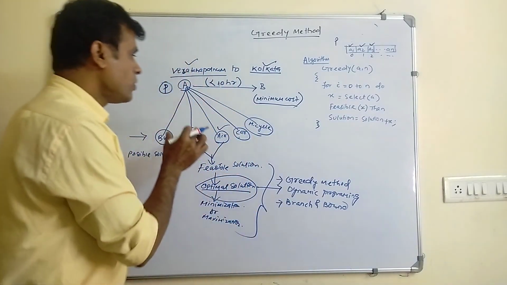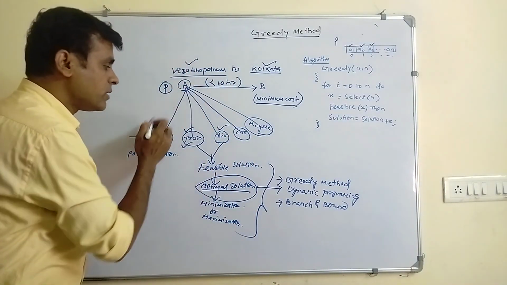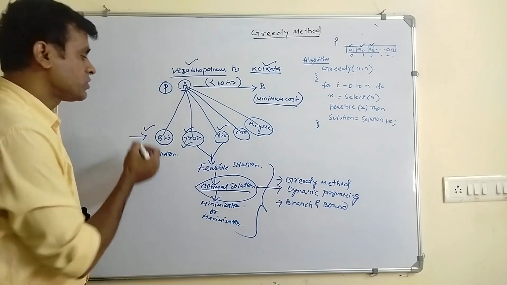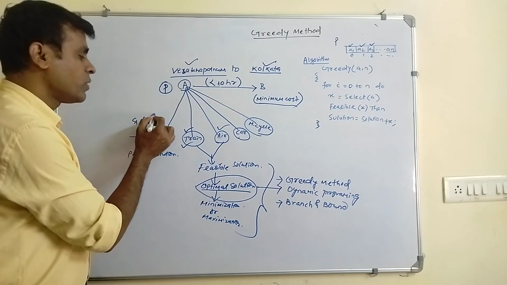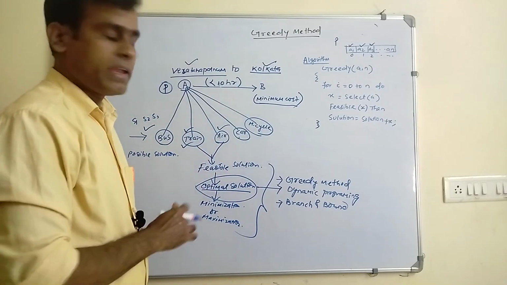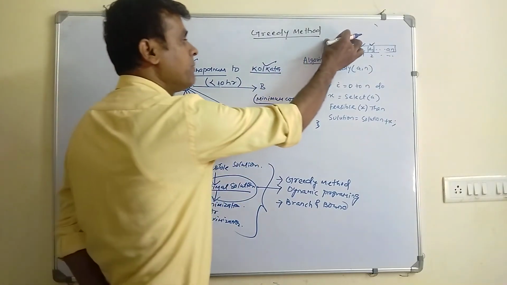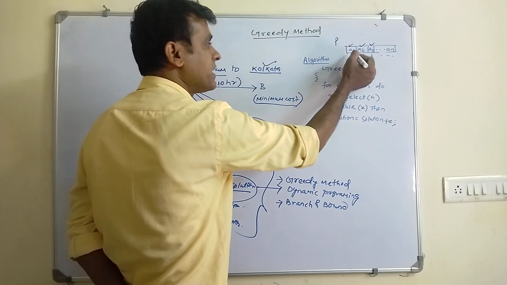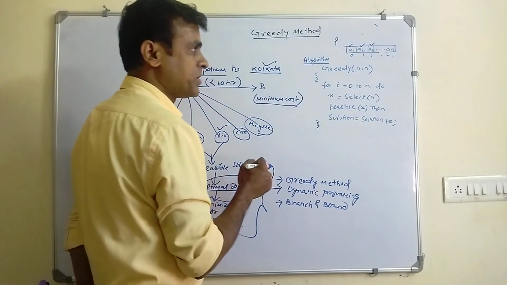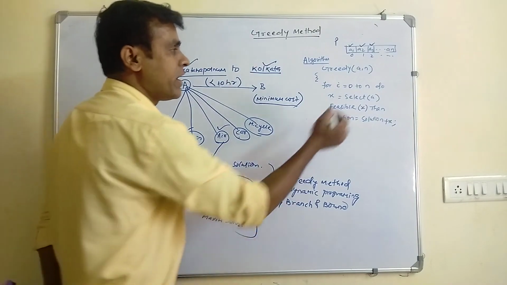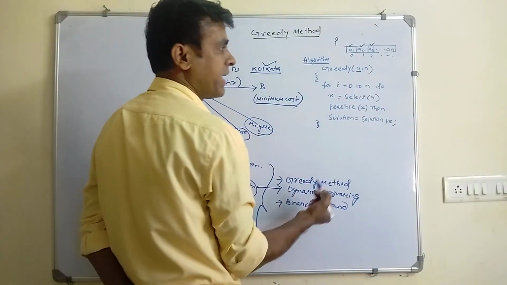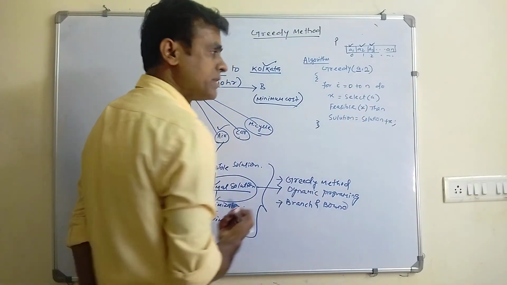For this problem, I will find the solutions S1, S2, S3, up to Sn. Greedy says that you have to take all the inputs in an array, and the total number of inputs is n.